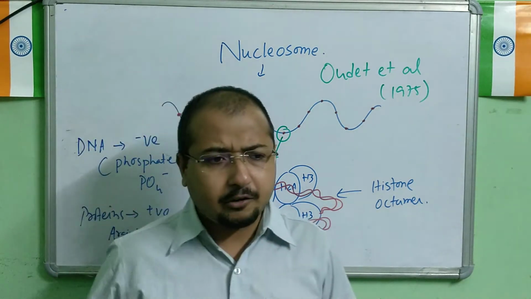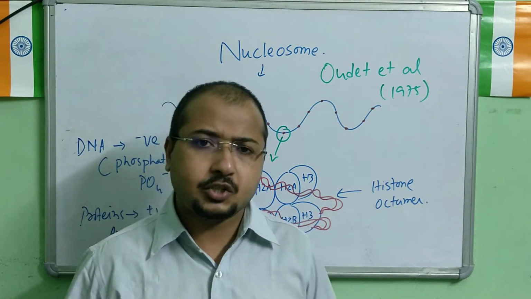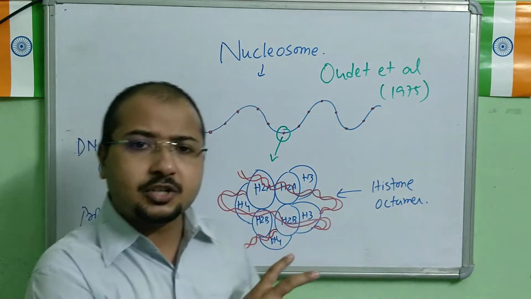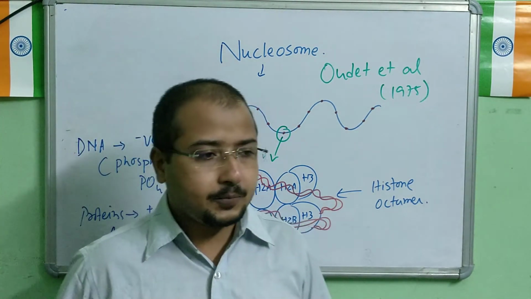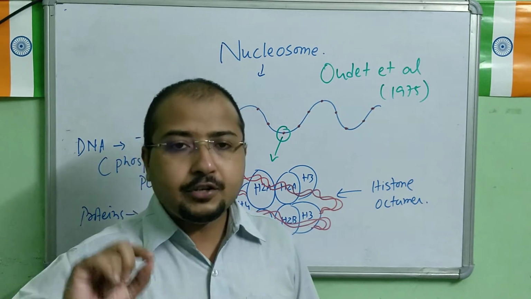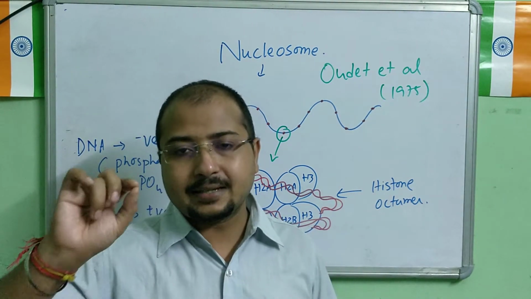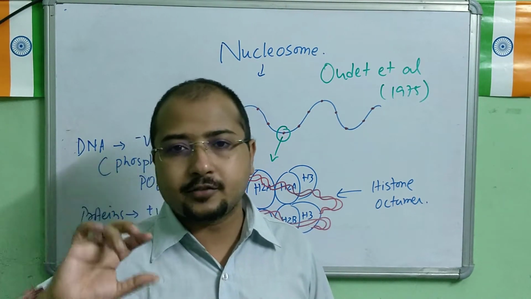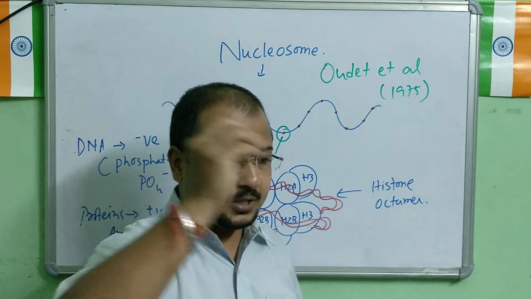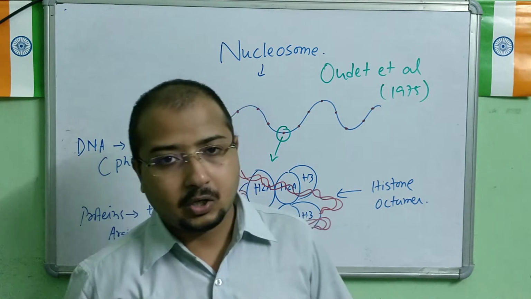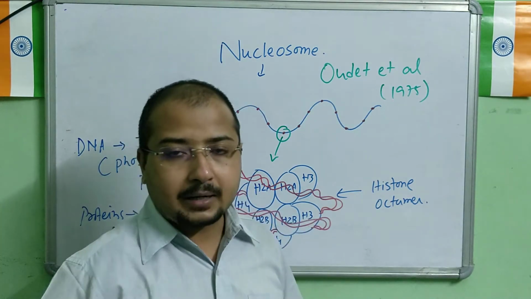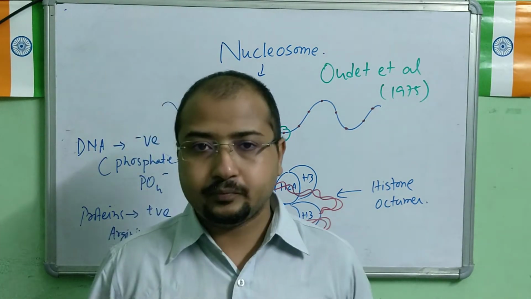I always give a very common example to the students to understand the functional relationship between DNA and the protein here in the nucleosome. Suppose an office clerk takes a marker or a chalk from an office and keeps it on the table in the classroom.